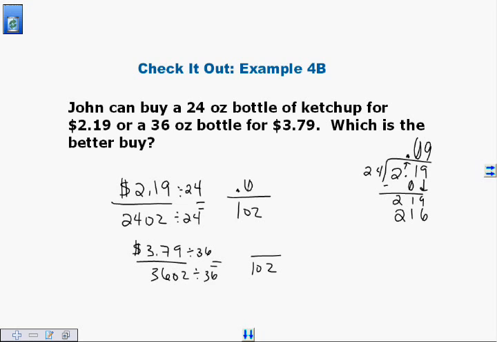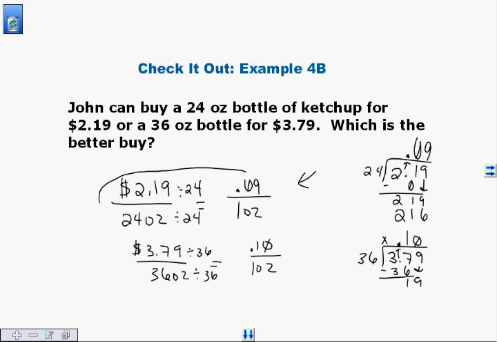So this is about 9 cents an ounce. $3.79 divided by 36 ounces. Bring that decimal straight up. 36 goes into 37 one time. 36 goes into 19 no times. So we can tell that this first one is the better buy by a penny per ounce. And that concludes your guided practice for unit rates.